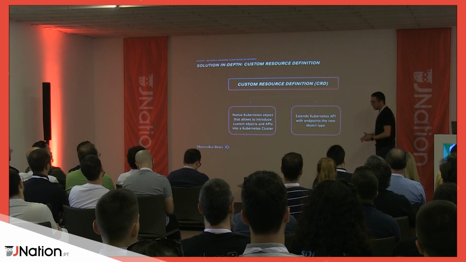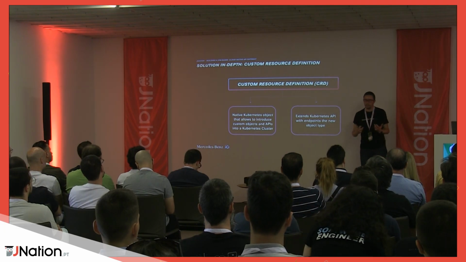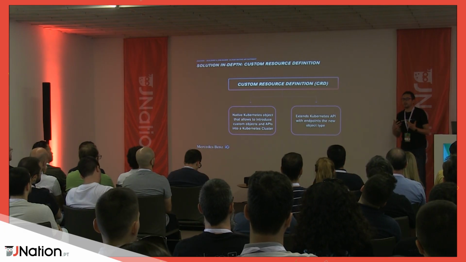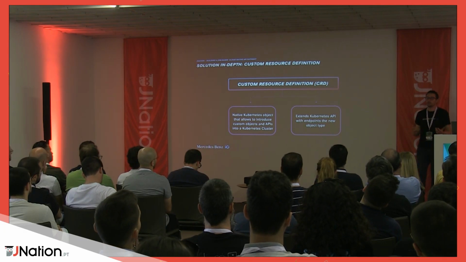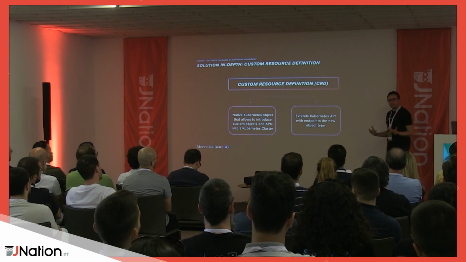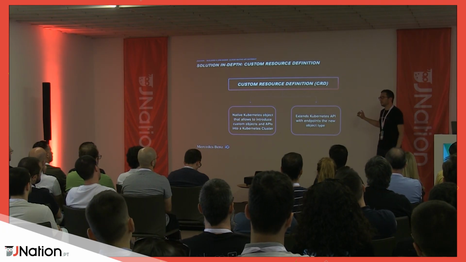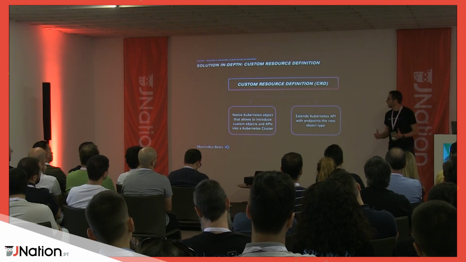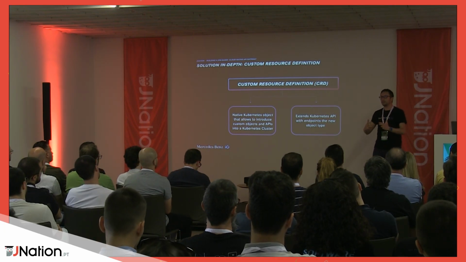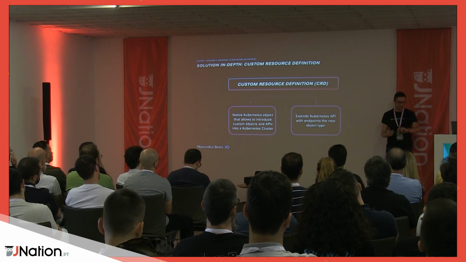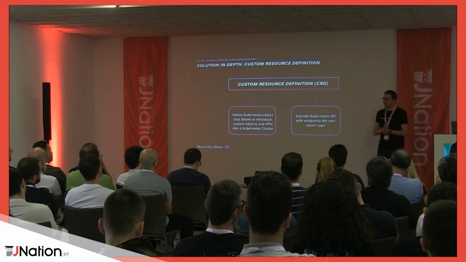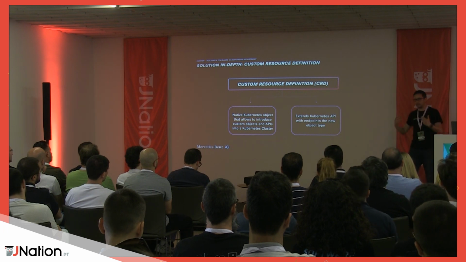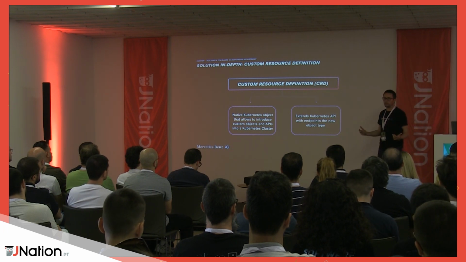Okay, but now we said that we want to model routes as a Kubernetes manifest. So how does Kubernetes know how we want to model our routes? This is where a custom resource definition comes into play. A custom resource definition is a native Kubernetes object that allows you to introduce custom objects inside Kubernetes, and it also extends the API with new endpoints that allow you to interact with those objects.